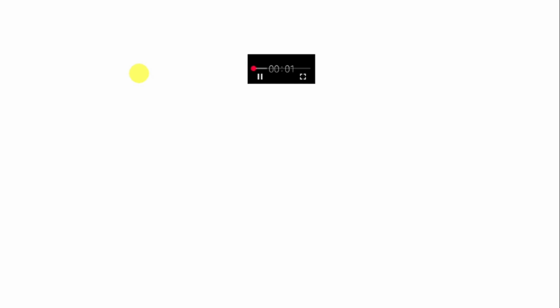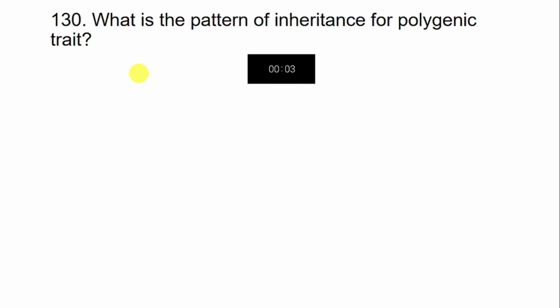Next one. What is the pattern of inheritance for polygenic trait? The best example is A, B, C, which are 3 different genes, and they exist in 2 alleles each, like this. So we have 6 alleles which code for skin complexion.